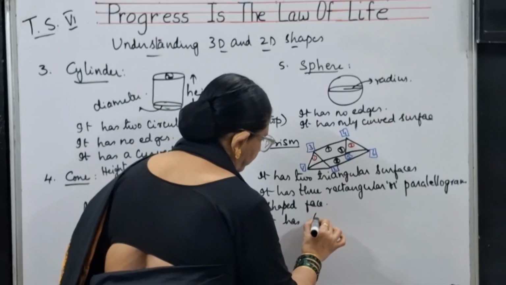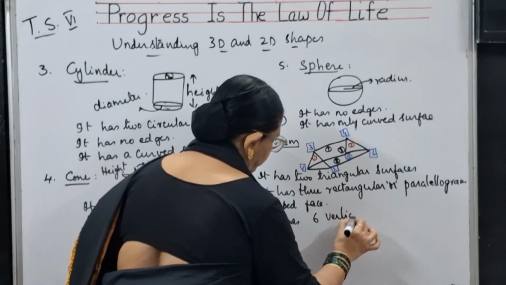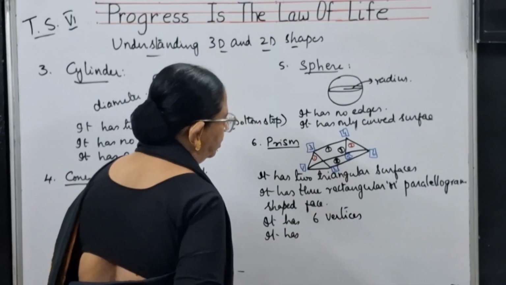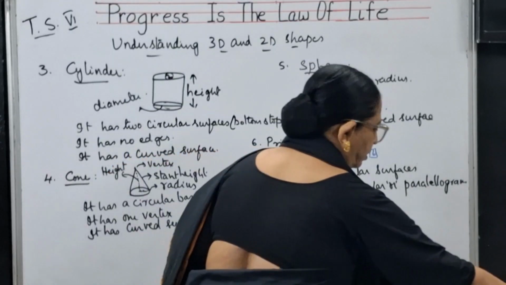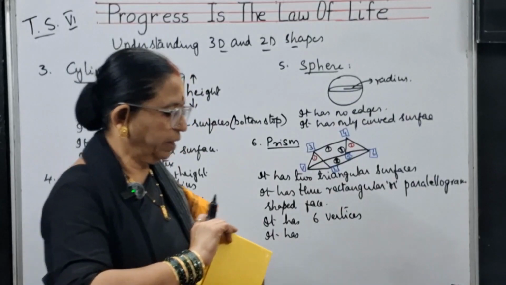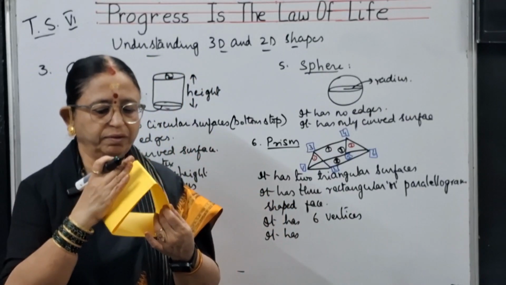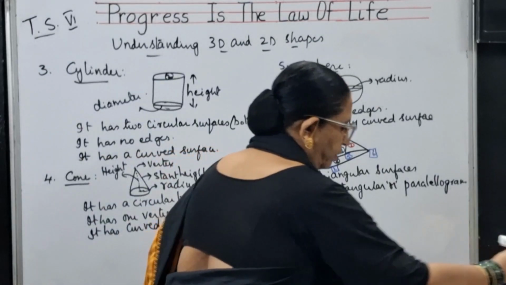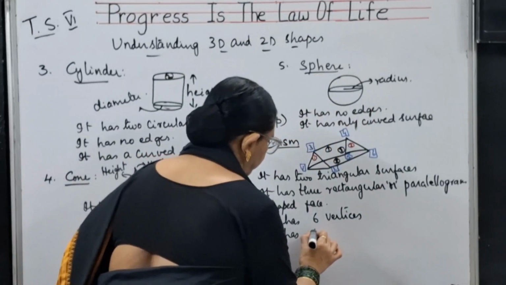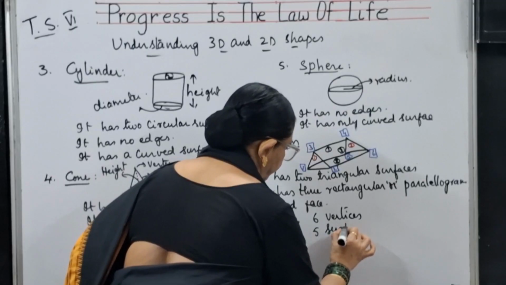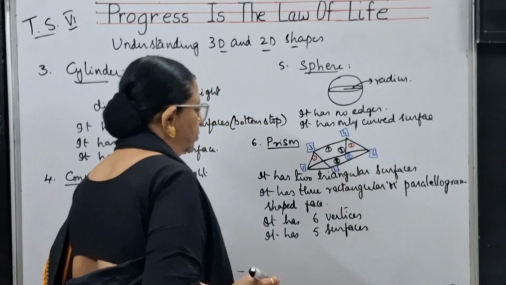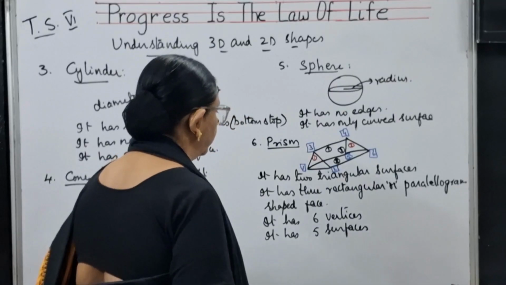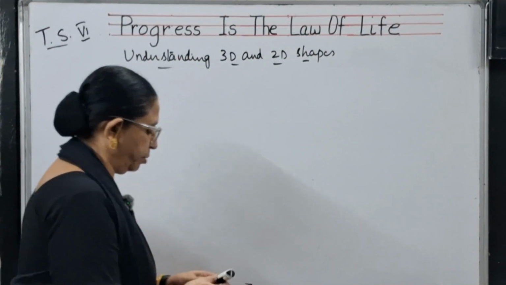And how many faces does it have? See here, children. This is 1, 2, 3, 4, 5 faces. It has 5 surfaces. So total how many edges? Now the seventh one is a pyramid, children.